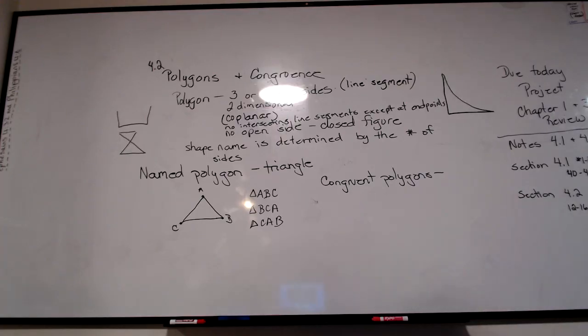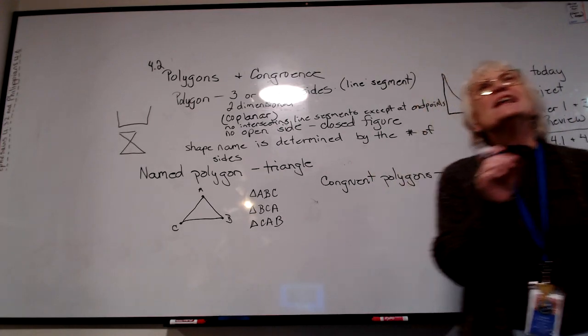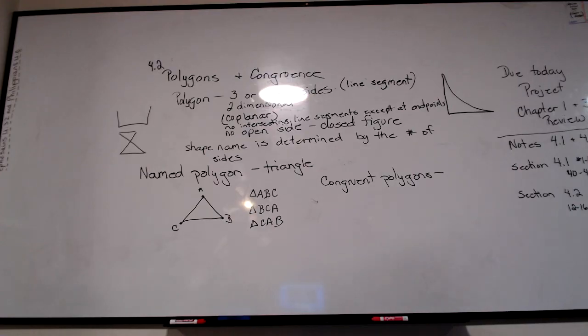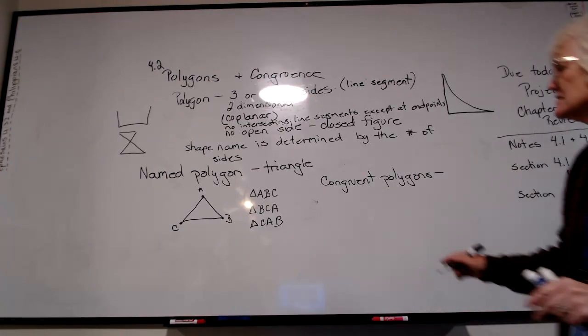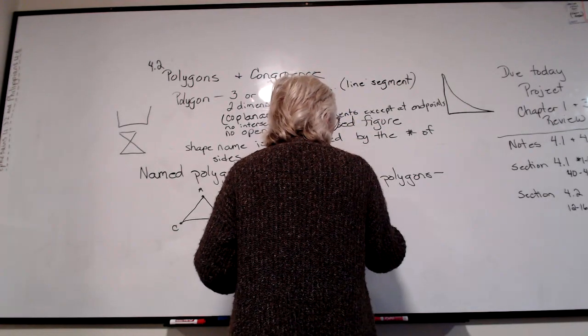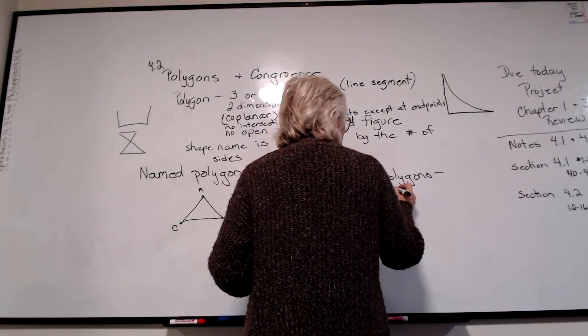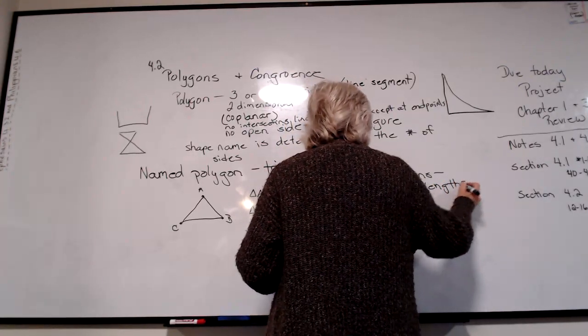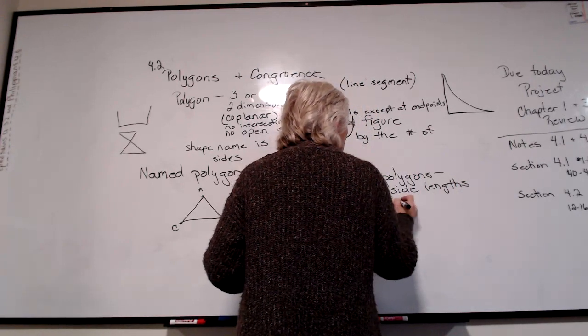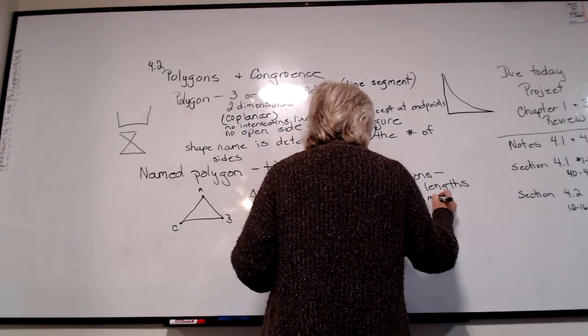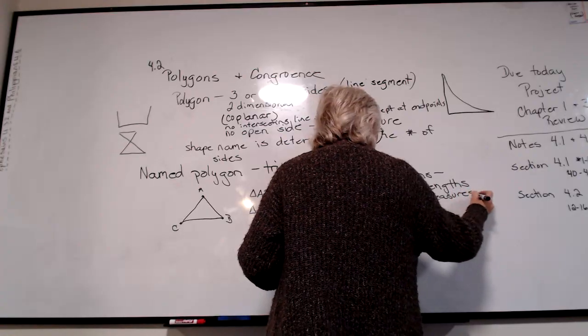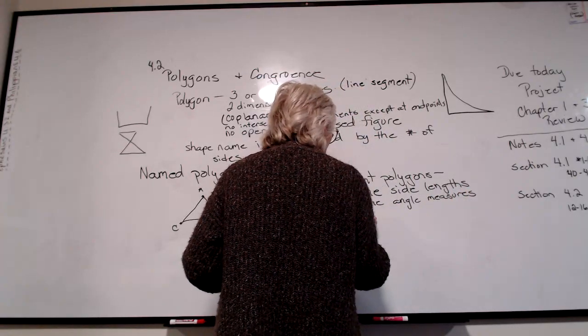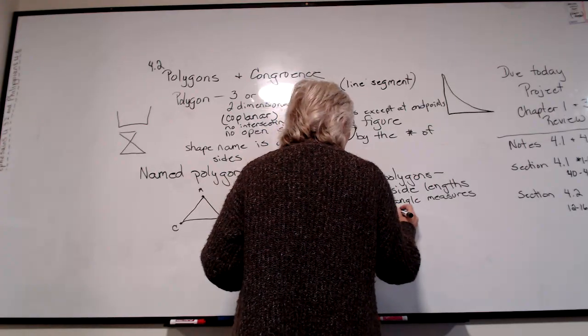They're not actually the exact same because they may have two different names, but they're the same size and shape. So that means all the sides are the same side lengths, same angle measures, so what that gives us is the same size and shape.